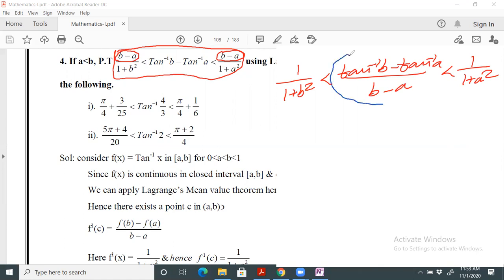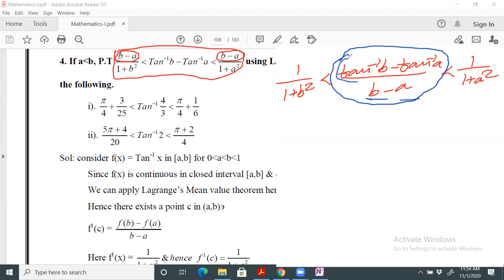If we observe this one, it looks like tan inverse b minus tan inverse a by b minus a, nothing but f of b minus f of a by b minus a. Below, b minus a is there, and in the numerator f of b minus f of a.